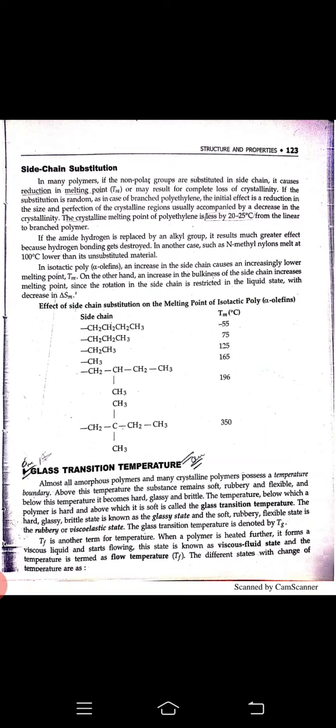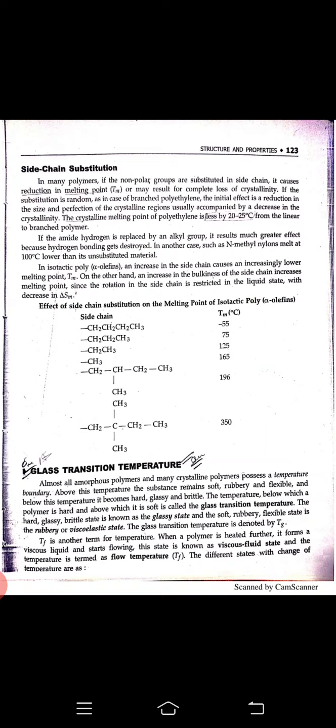Here we see the effect of side chain substitution on the melting point of isotactic poly-alpha-olefins. When the side chain is butyl, Tm is minus 55, the lowest melting point. But as the side chain decreases from butyl to propyl, Tm is plus 75, increasing.